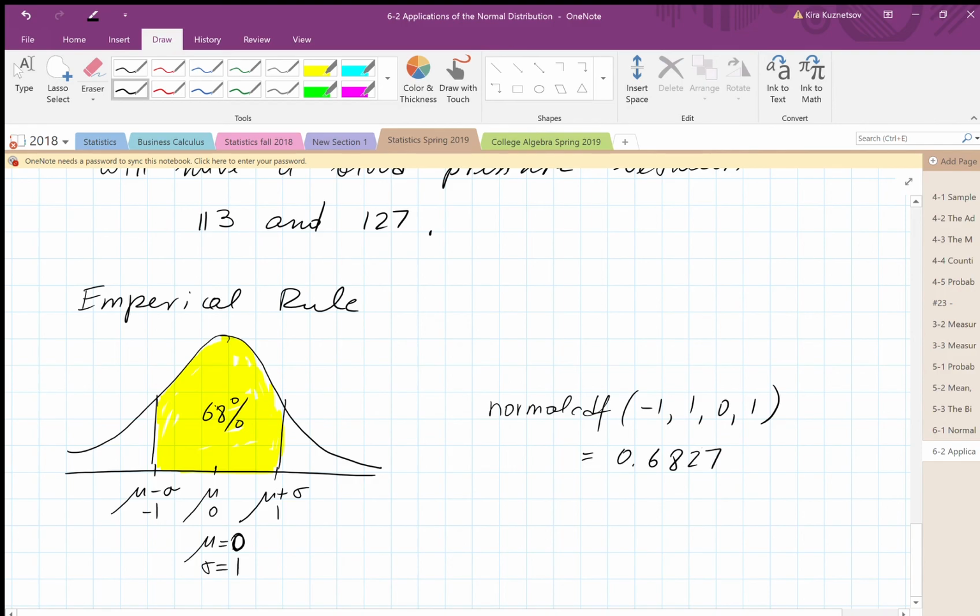So the approximation of 68% was just an approximation correct to 2 decimal places rather than 4. But the empirical rule is a special case of a normal distribution or applications of normal distribution. So if this makes more sense, that's great. On the next video, I'll just quickly show you how I did this on a calculator, and that should do it for 6-2.